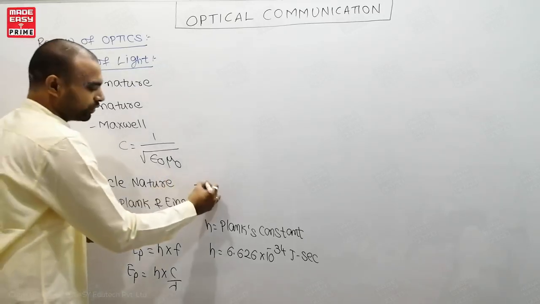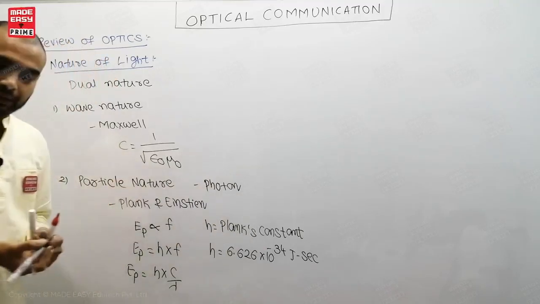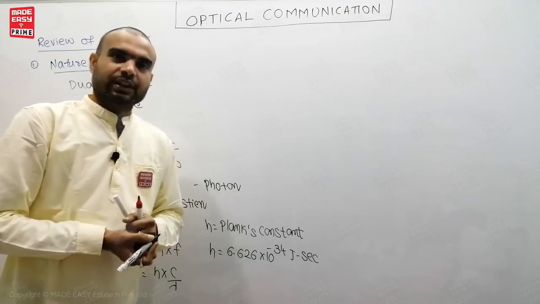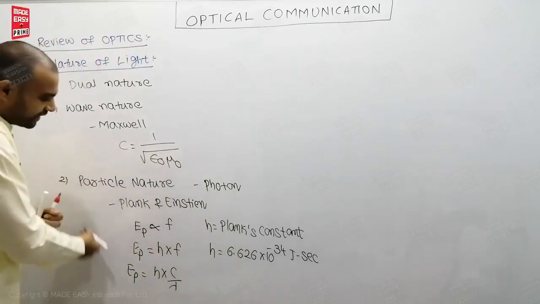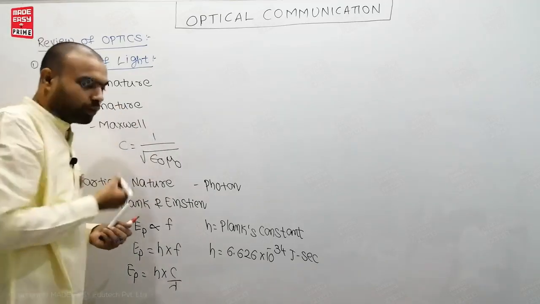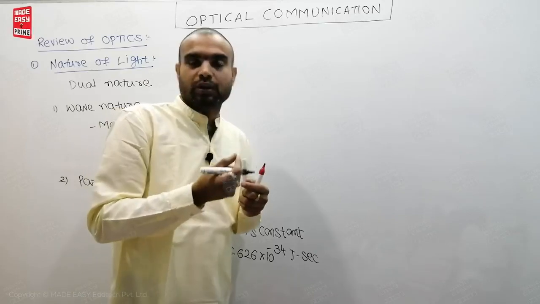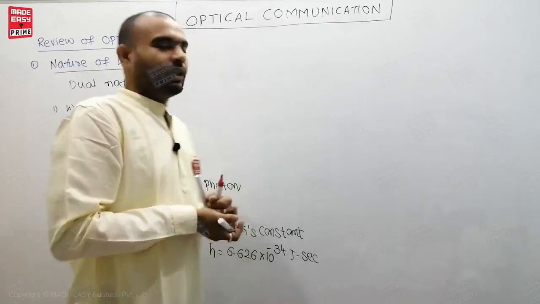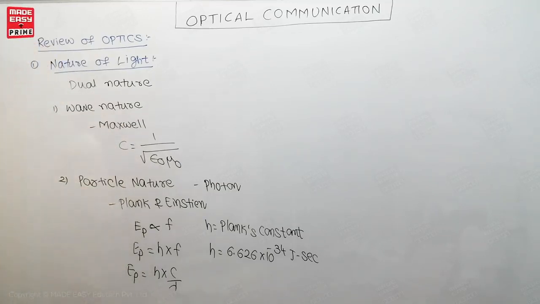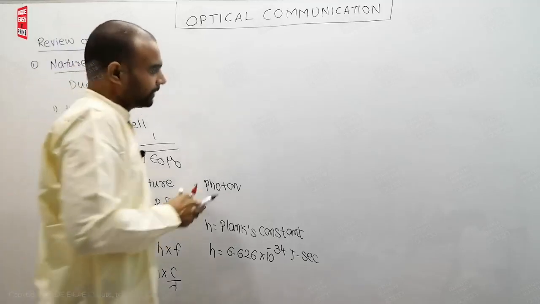This photon is what we study in devices like the light source and the photodetector, where the particle nature is present. But whenever we study light traveling from one point to another in an optical fiber cable, a guided medium, then the wave nature is present. That's the first thing, the nature of light.